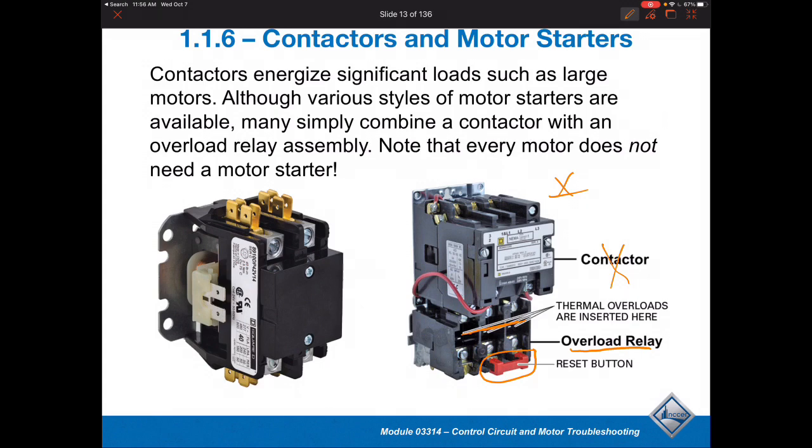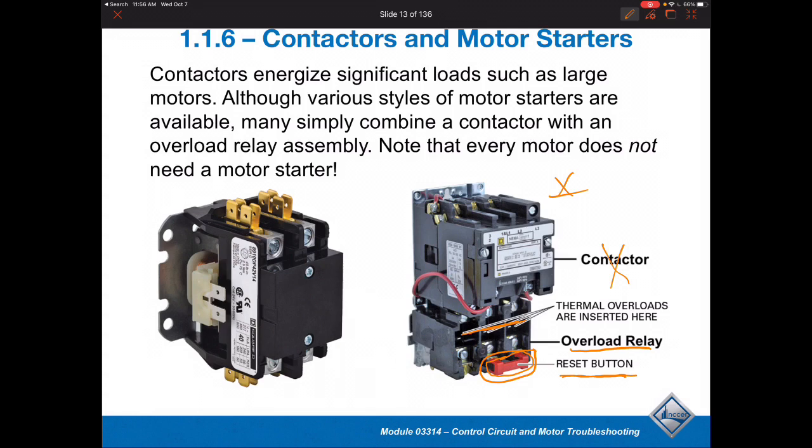Once the problem is corrected, checked out, or verified as resolved, a person can reset by pushing in this little red button. That will reset the overloads and allow the starter to operate as needed. And that's typically what would happen.